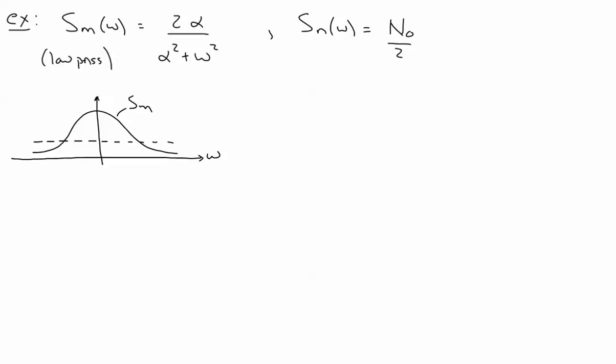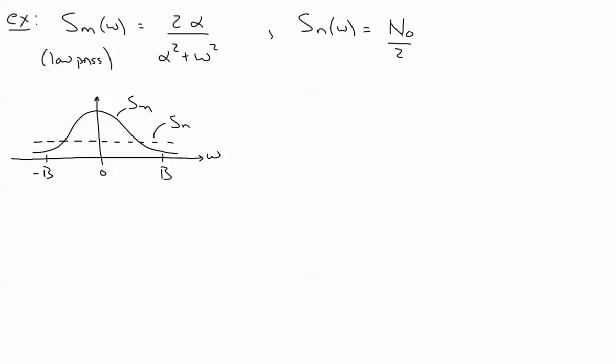broadband white noise with a constant power spectral density, and I am interrogating this noise and message combination over some bandwidth B. All right, B is not necessarily the bandwidth of my message. It's the bandwidth over which I'm interested in investigating the combination of message and noise.